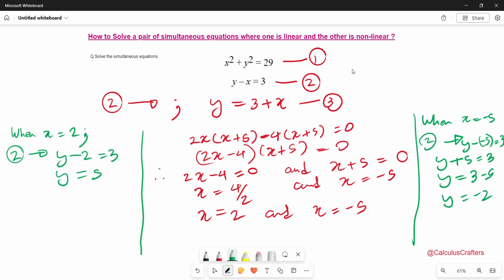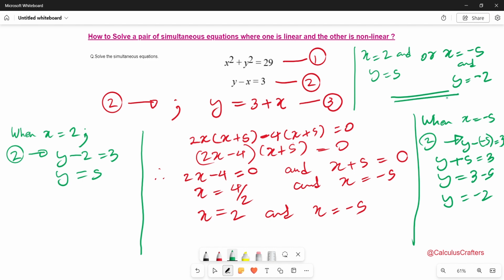So what is the final answer? We can say x is 2 and y is 5, or x is negative 5 and y is negative 2. That's our final answer.